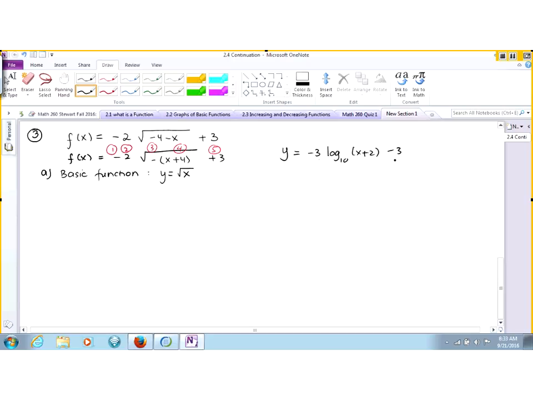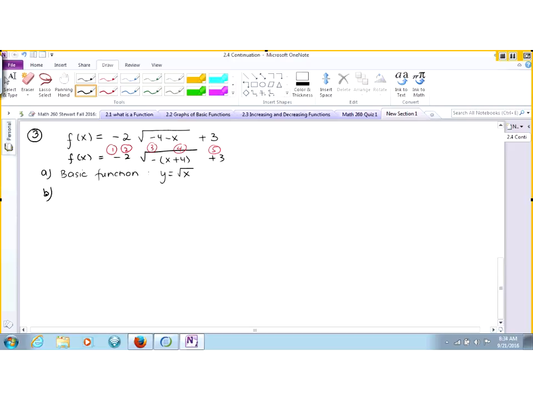What does this minus 3 mean? So it's not only for these, but we haven't learned log yet in this class. That's why we don't do it. But these transformation rules, or whatever we do, guidelines, work for all functions. So this minus is reflection about the x-axis. This is vertical stretch. This is shift left. This is shift down. Same thing. Okay.